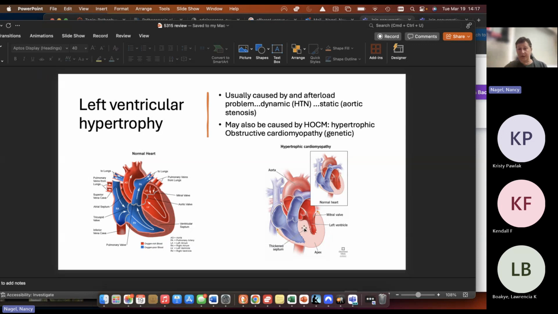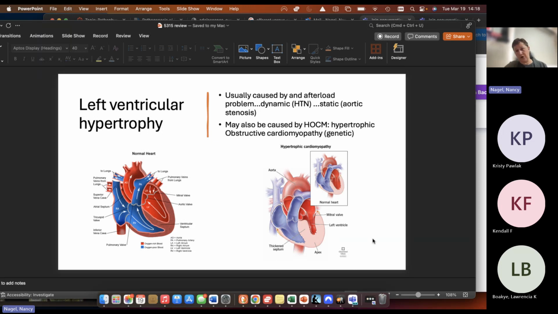It's just that this muscle is getting bigger and bigger and bigger, which is decreasing the amount of blood you can fit in your left ventricle, which decreases the amount of blood that you can push out to the rest of your body.